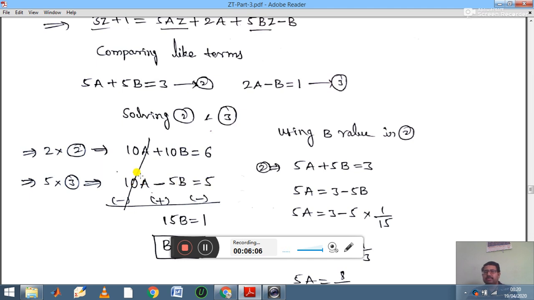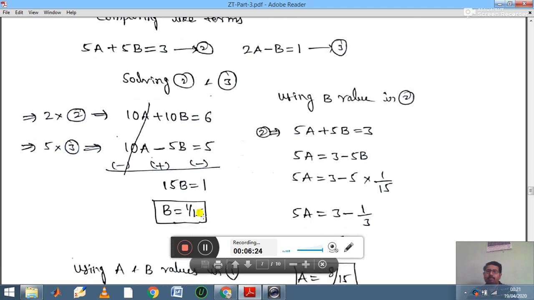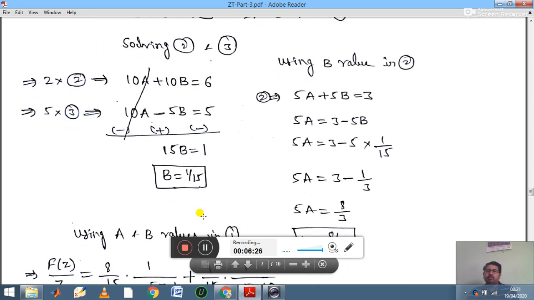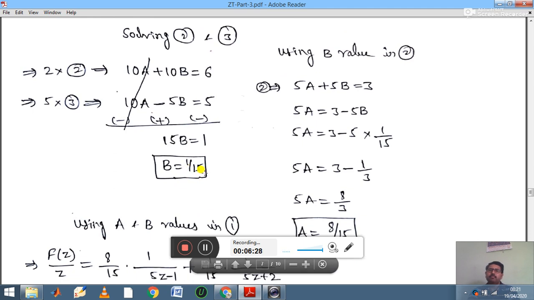If you subtract, you change the sign while subtracting, then 10a minus 10a gets cancelled, 10b plus 5b gives 15b, 6 minus 5 gives 1. Therefore your b value is 1 by 15.